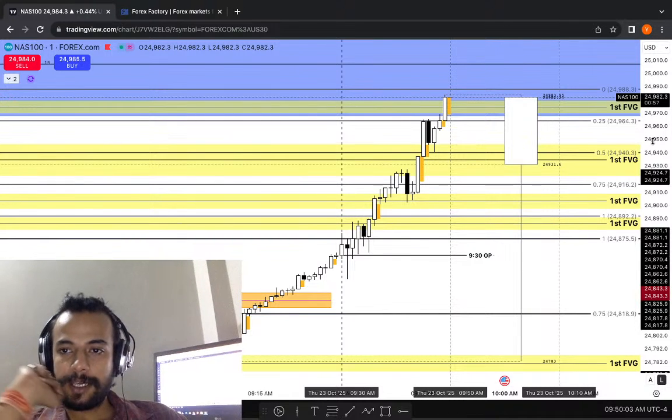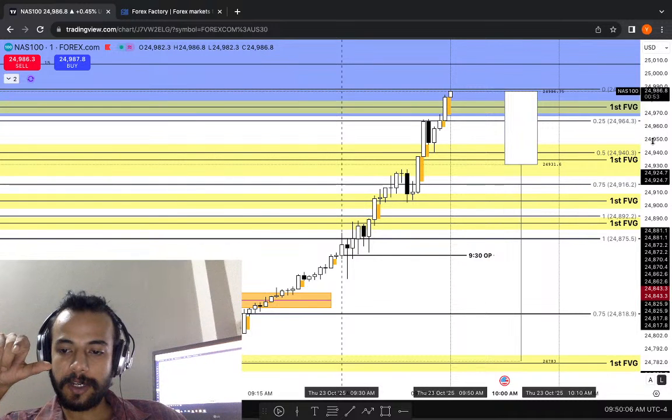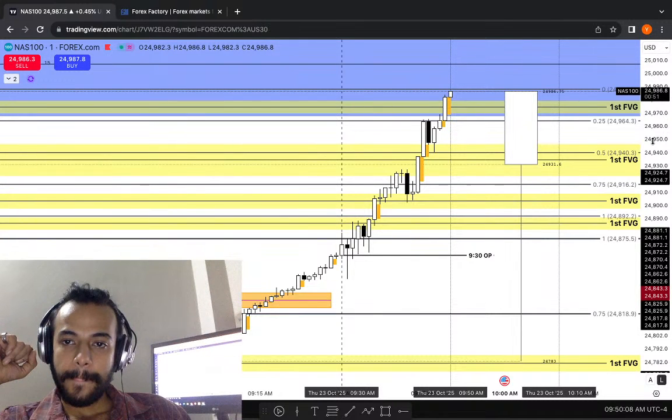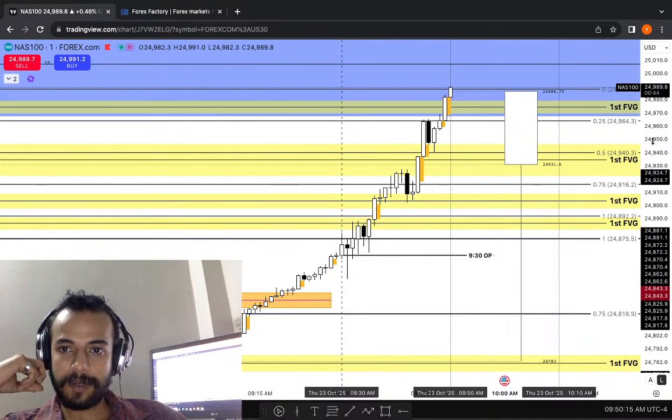So now 9:50 to 10:10 we have this 20-minute interval where I would like to see how it will play out inside these 9:50 to 10:10.